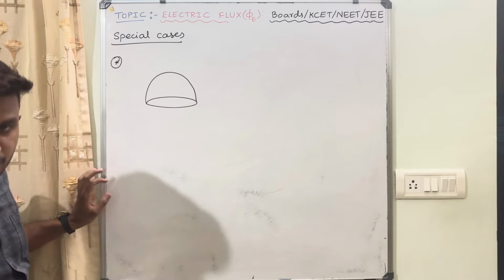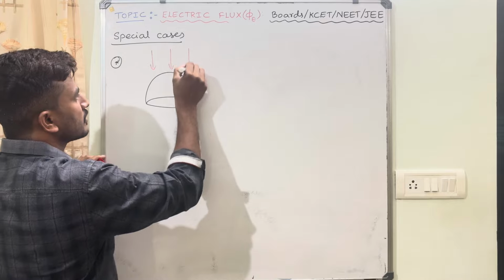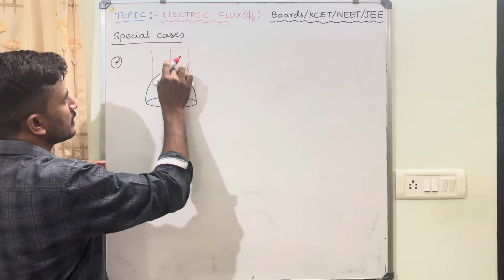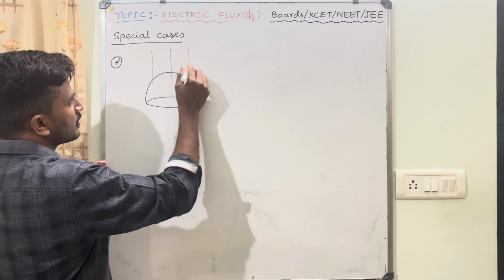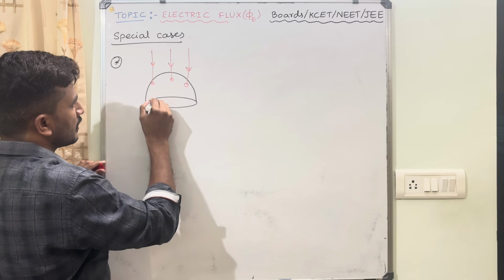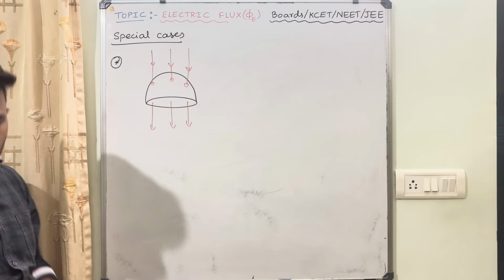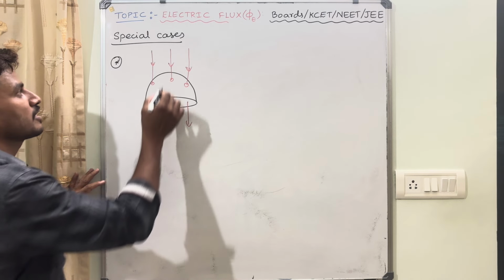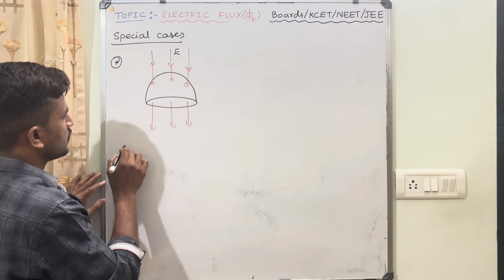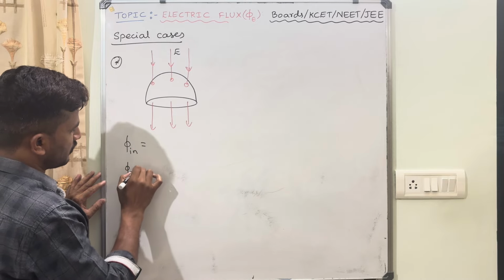When you consider external electric field, let us consider there is an electric field entering here, so at these points and coming out here. What is the electric flux which is entering? Let us consider electric field intensity is E. Okay. Now if you observe, flux in you have to write, flux out also you have to write.